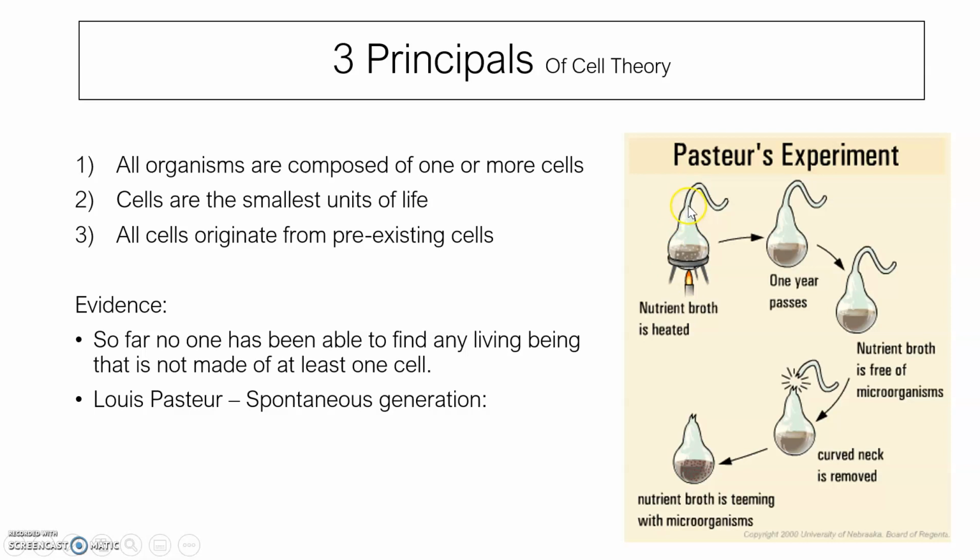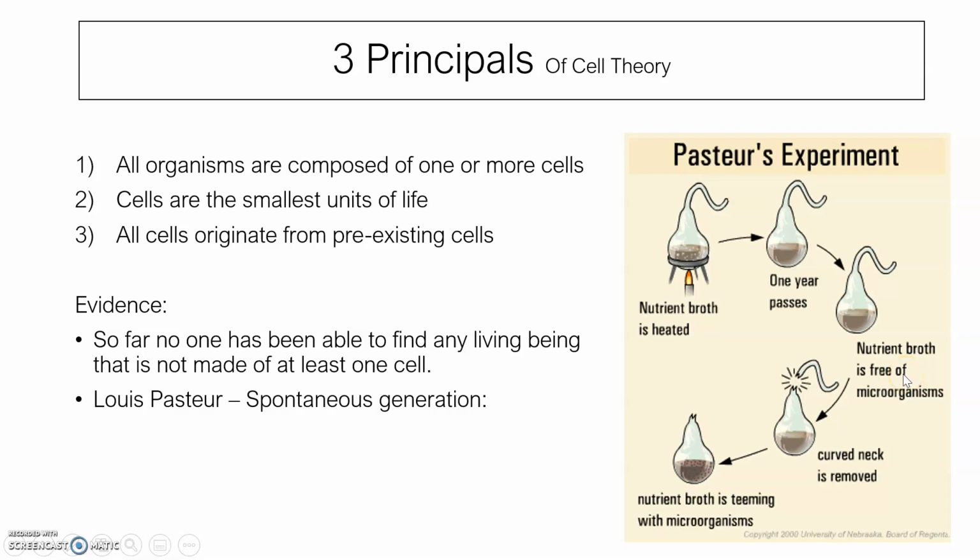And you see he has this kind of a tube on top. What this does is it allows air to enter, but it does not allow microorganisms to come in. The microorganisms would just settle over here and would not reach the nutrient broth. So one year passes, he just leaves it there, and then he comes to check it out and sees that it's free of microorganisms.